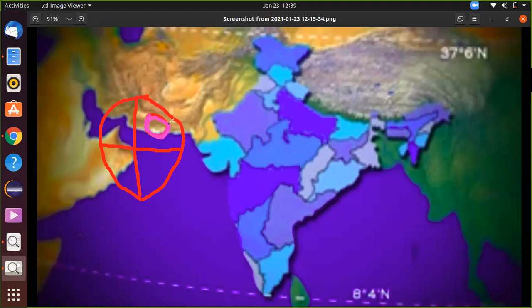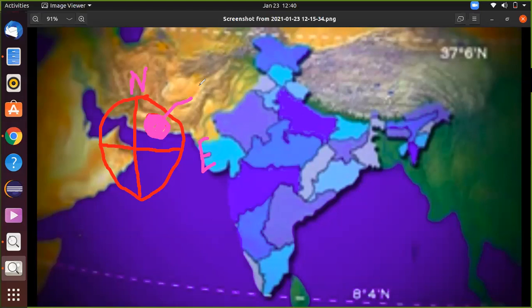This pink area which I am marking here is the position of India. This is north, and this is east, so we can say India lies in the northeastern hemisphere of the world. I hope this point is now clear.